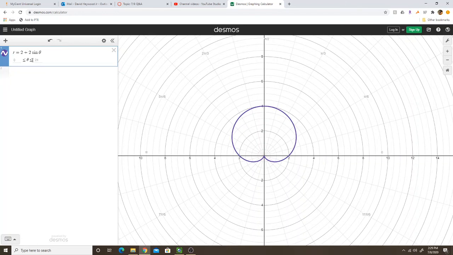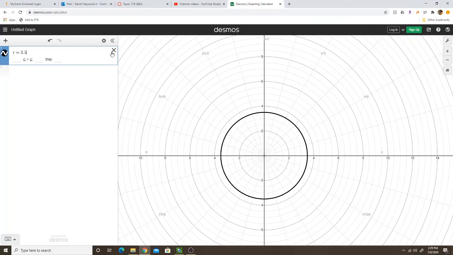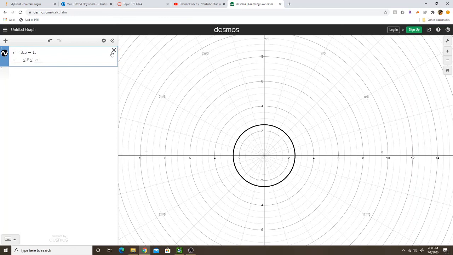And these things can get really complicated and make really cool pictures. So I'm going to type in this polar equation that I say to type into Desmos down here. Let's see what we get. If we do r equals 3.5 minus 1.5 times the absolute value of cosine theta.